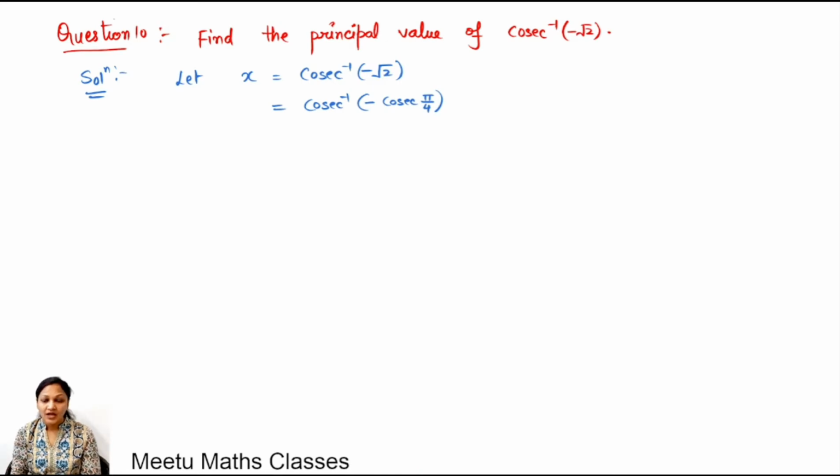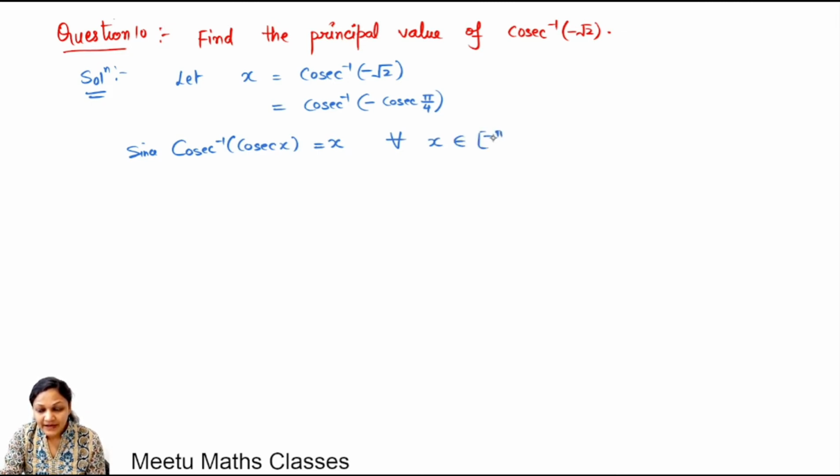Okay. And we know that cosec inverse of cosec x is equals to x for all x belongs to minus pi by 2 to pi by 2 minus 0.